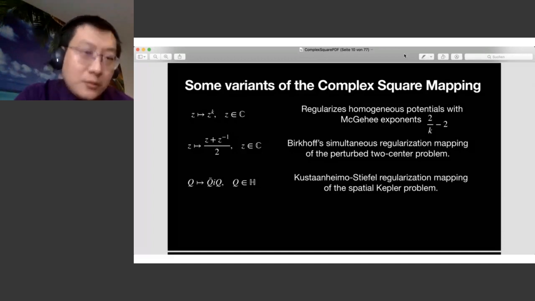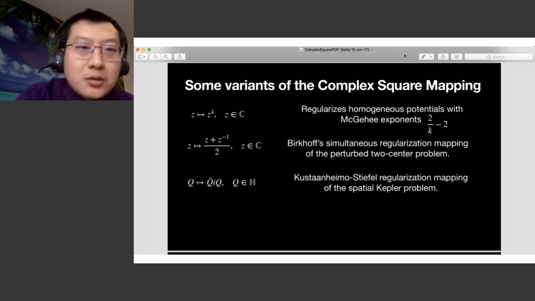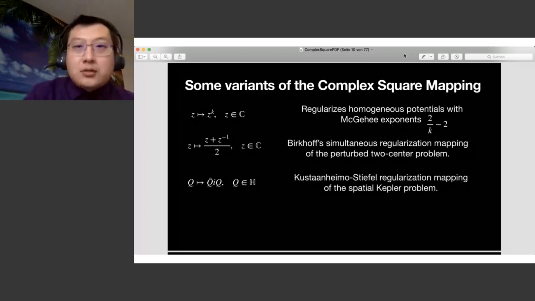So this is a mapping from R4 to R3 for the underlying real space. Kustaanheimo and Stiefel showed that it can be used to regularize the spatial Kepler problem by essentially four isotropic harmonic oscillators. So these are a small list of variants of this complex square mapping.